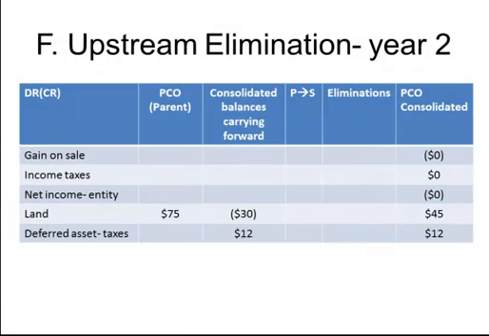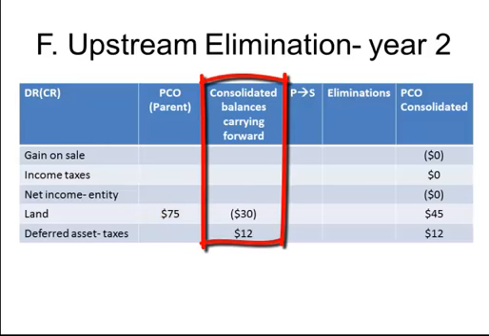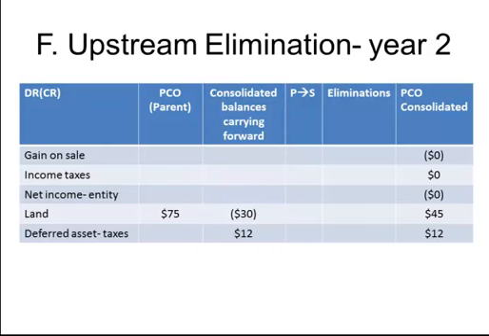In year 2, parent corporation continues to hold the land, and the consolidation entries from year 1 will carry forward and be reposted again to the consolidation working papers in year 2 to continue reflecting the land value in GCO's books at the original $45 cost.